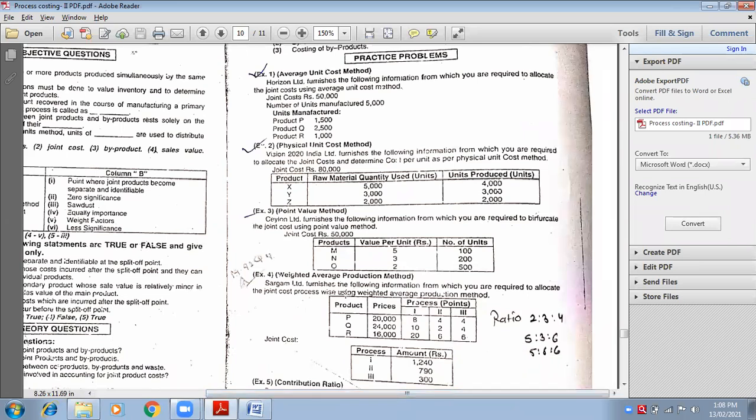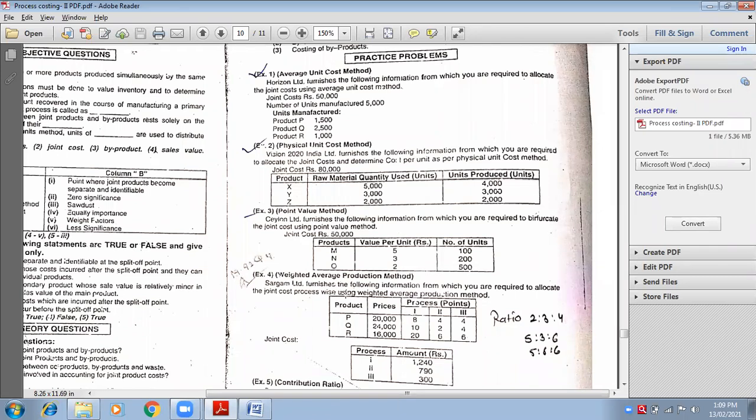Question number 3. Xylon Limited furnishes the following information from which you are required to bifurcate the joint cost, which is 50,000 rupees. Three products are there, M, N and O, and the value per unit and number of units are given.